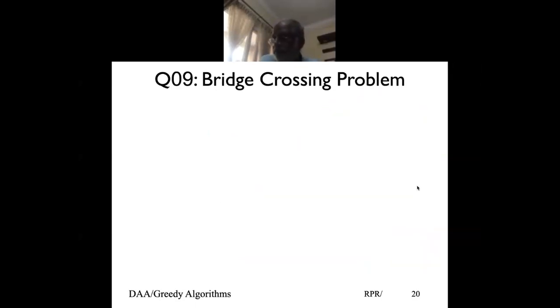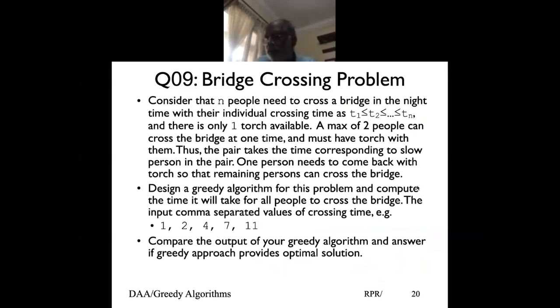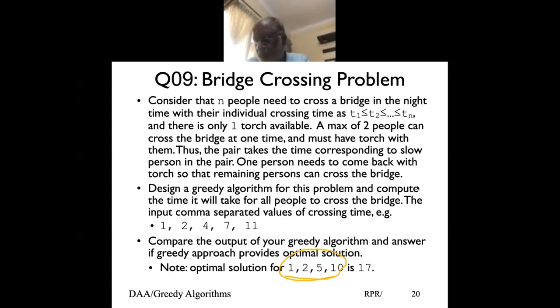Any questions about this bridge crossing problem? All we want to show is that the greedy approach does not always work, especially for this case. Again, this is taken from the Levitin book, chapter 1, I think. If you look, the example is given there. Any questions about this? Is the problem clear? Anyone? Are we clear?